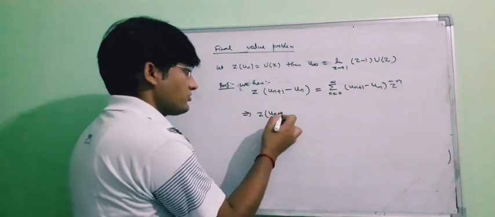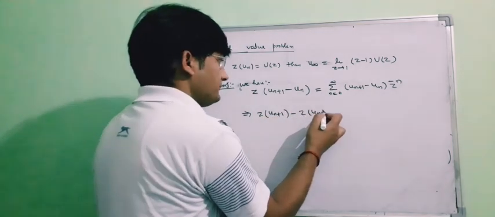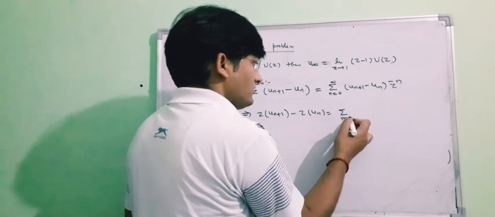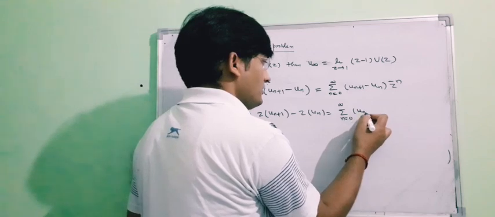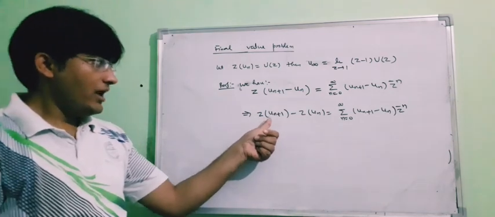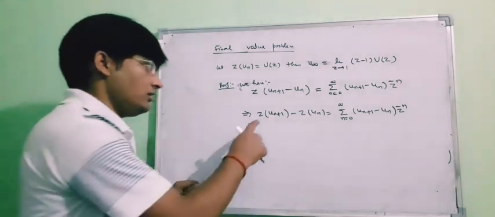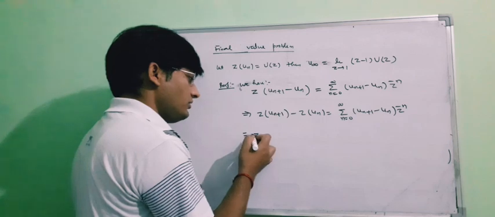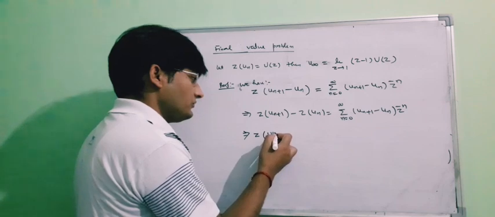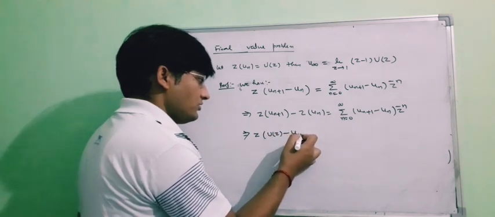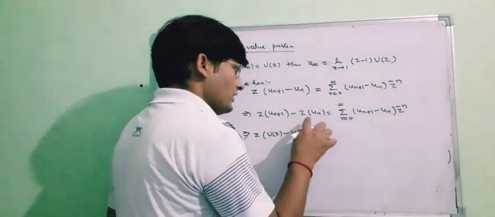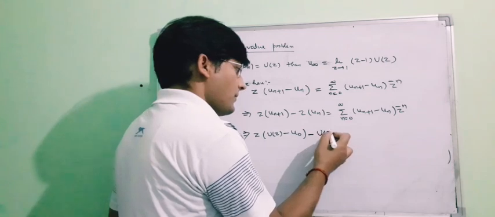So this will be the Z transformation of u(n+1) minus the Z transformation of un. Now we have the formula for Z of u(n+1): it was z U(z) minus z u0. This was the formula for Z of u(n+1), which I have already given in the previous lecture. And the Z transformation of un is U(z).